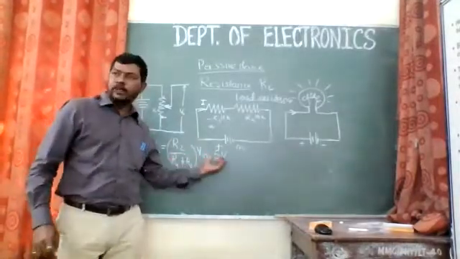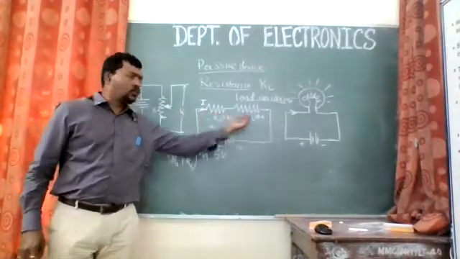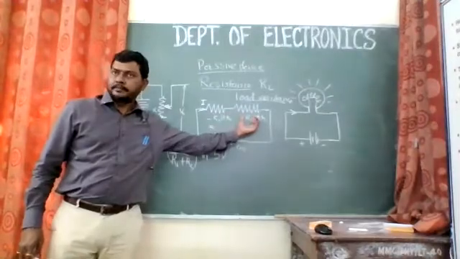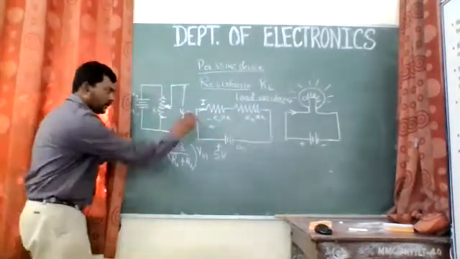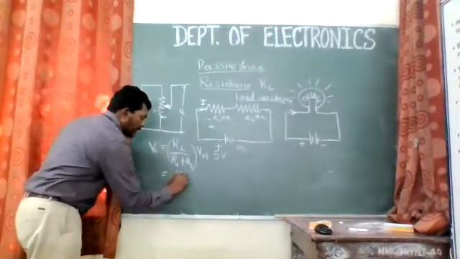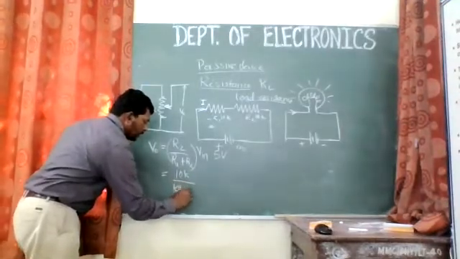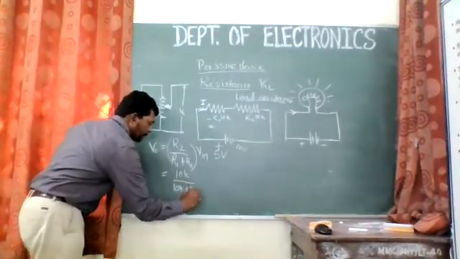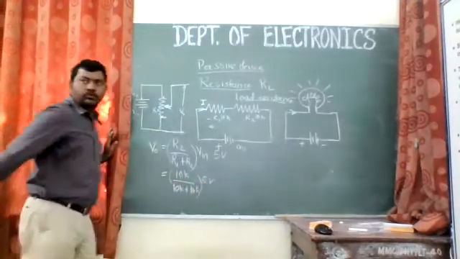So if I am taking 5 volts, then 2.5 volt should come across this and 2.5 volt should come across this. Is that right? So just we'll try to put that in this. So if I put this, R2 is equal to 10K divided by 10K plus 10K again, right? And multiplied by 5 volt.